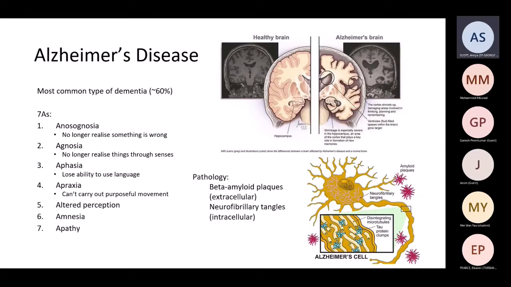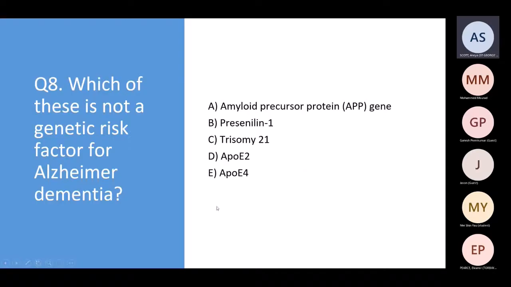I wouldn't worry too much about them, but the picture on the right shows where they are in the brain. The beta amyloid plaques are outside of the cells and they disrupt the signals that way, whereas the neurofibrillary tangles are actually in the cells and they internally stop the signals being passed as well. But I wouldn't worry too much about that.